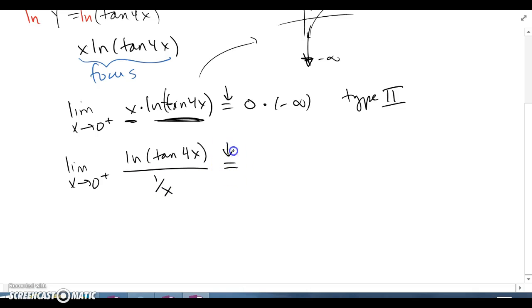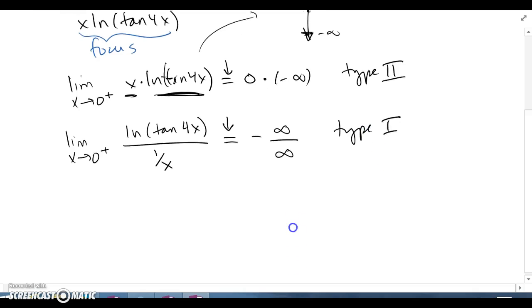When I do that and check things out now, I have ln of something close to 0, so that gives me, as we saw here, negative infinity. And downstairs I have 1 over something approaching 0, so it's 1 over tiny, tiny, tiny, which becomes big. So I have a negative infinity over infinity, which now is a type 1 problem.